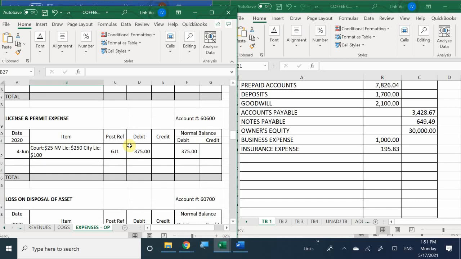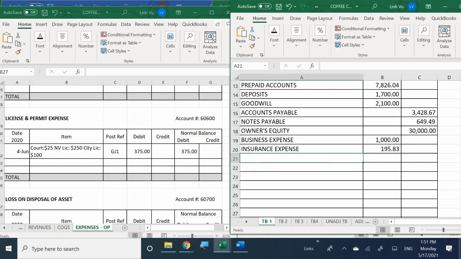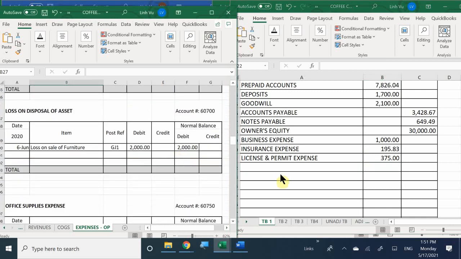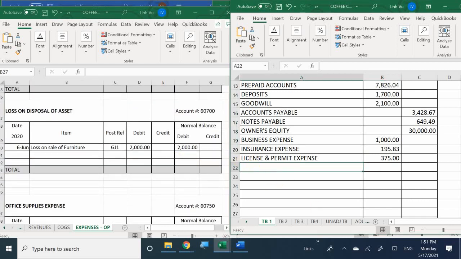However, we have incurred license and permit expense, right? That was the very first thing that we entered in here, right? License and permit expense for a total of $375.